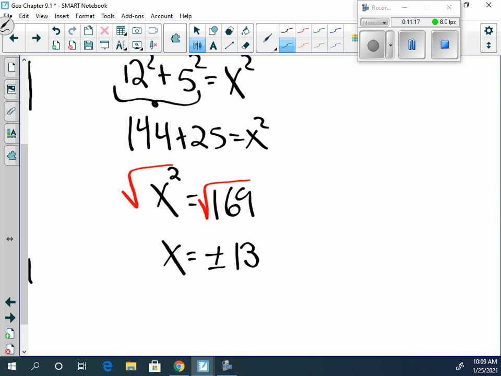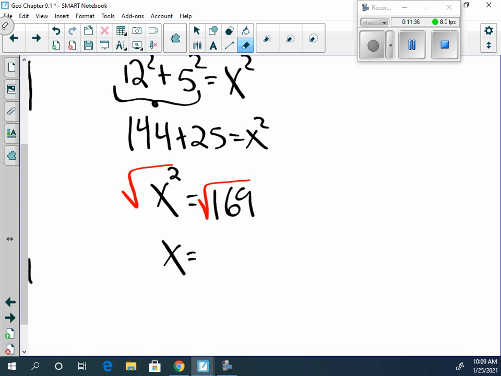But why would I not consider the negative case, this here? Why would we not need the negative? Right, we're talking about what? We're talking about the side length of a triangle. We don't talk about distance in negative units.